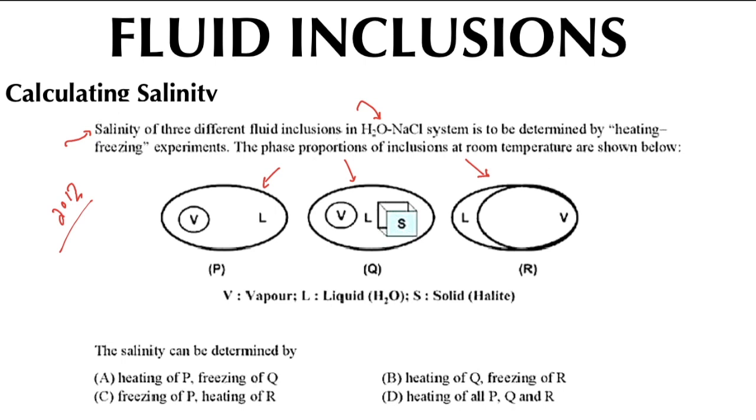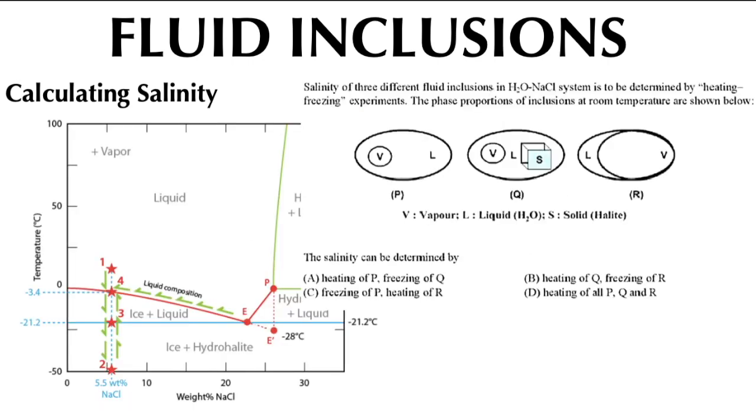Now how do you go about it? First thing, see, this is the cavity that has liquid plus vapor, right? That means NaCl right now is dissolved in this, right? But we don't know the temperature at which the last ice melted.